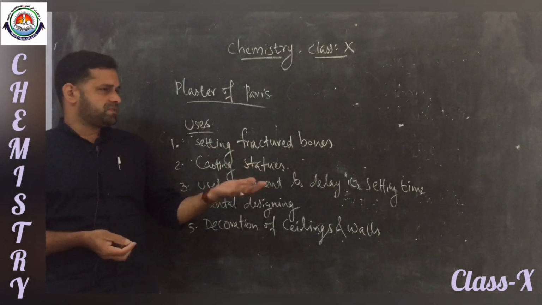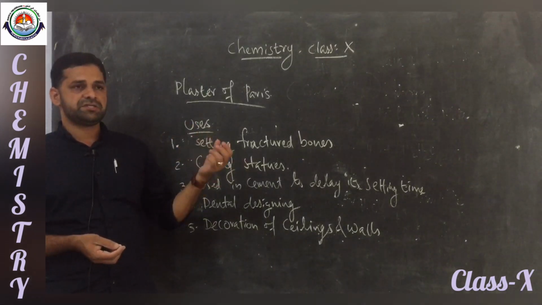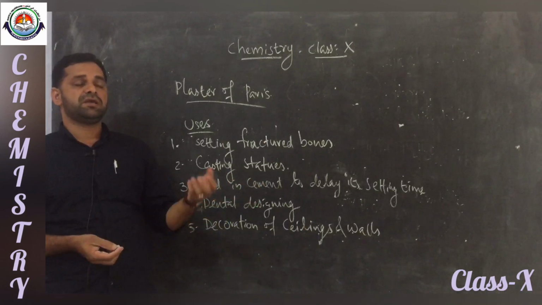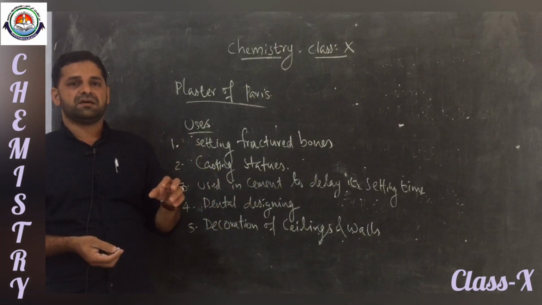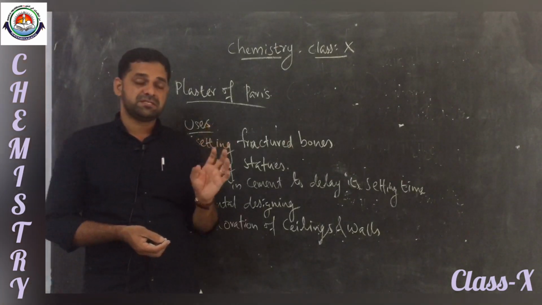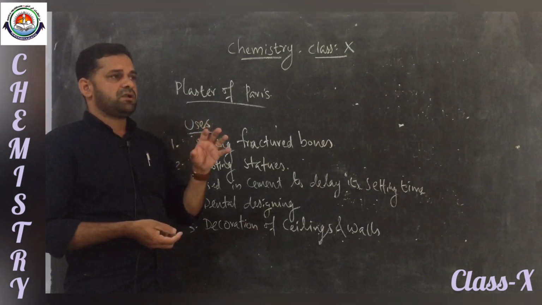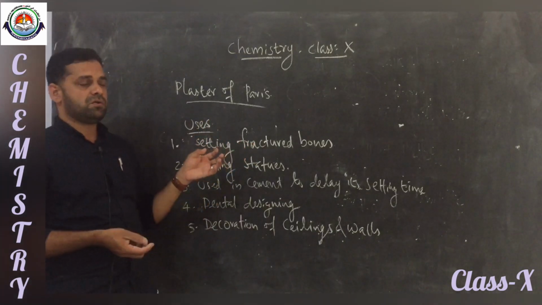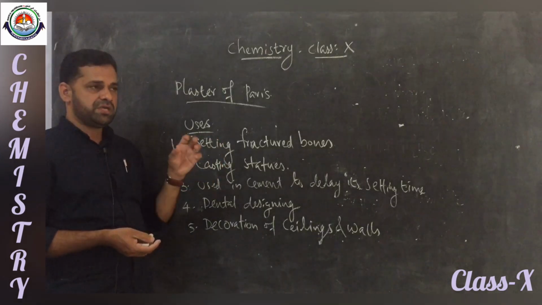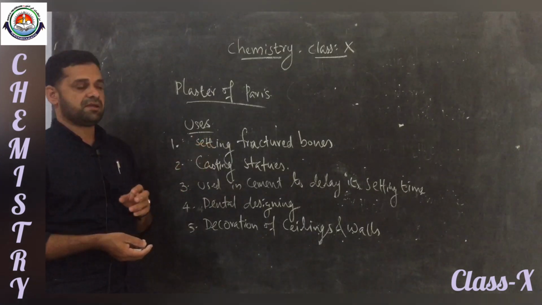And when we heat gypsum at more than 373 Kelvin, it converts into a dry burned plaster, which does not have any setting property. So that's why controlled heating should be done. In order to prepare plaster of Paris, we have to heat at a controlled temperature, that is 373 Kelvin.